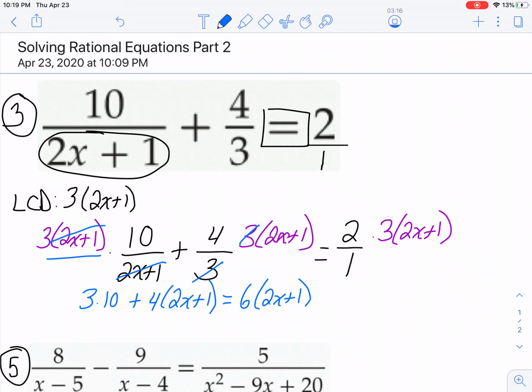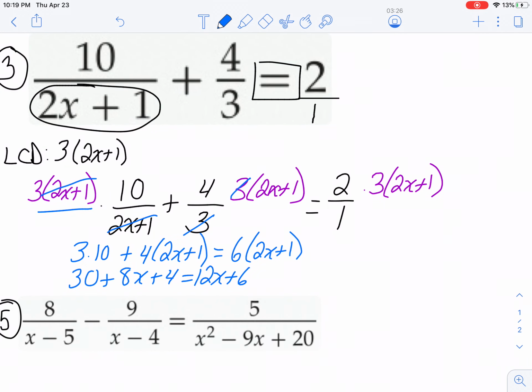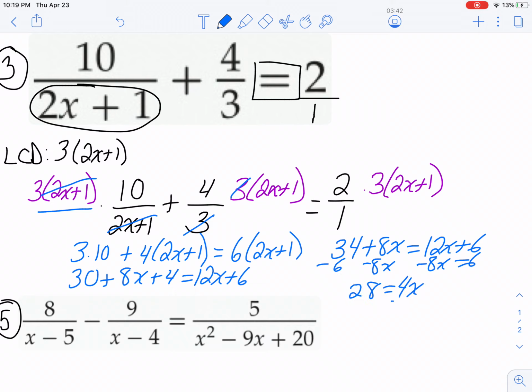So I can go ahead and simplify, and then combine like terms: 30 plus 4 is 34, plus 8x equals 12x plus 6. At this point, get all of your x's on the same side and all of your constants on the same side, and you get x equals 7.